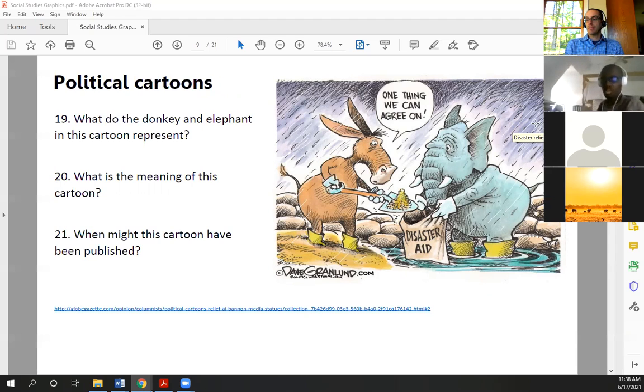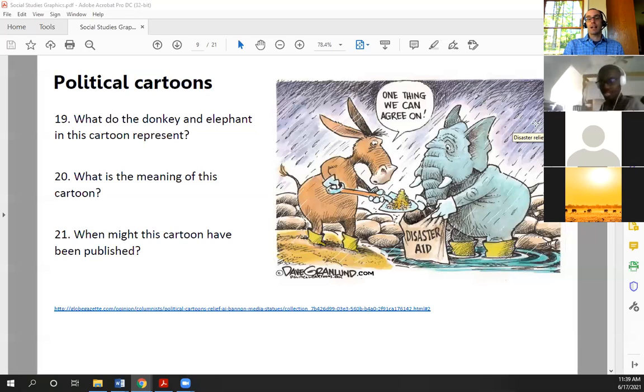Anybody know? Republican and Democrat. Okay, do you know which is which? The donkey, I think it's Republican. No, the donkey is Democratic and the elephant is Republican.